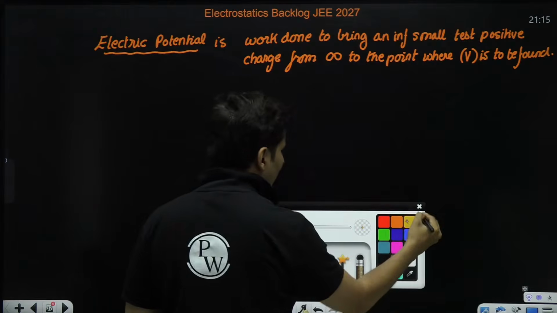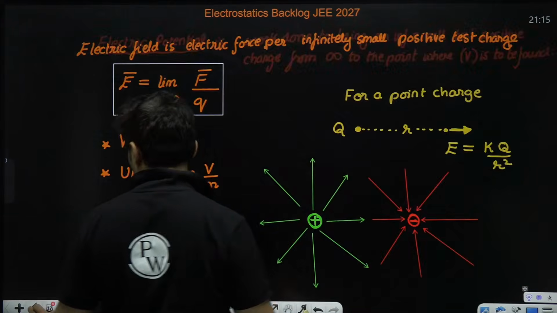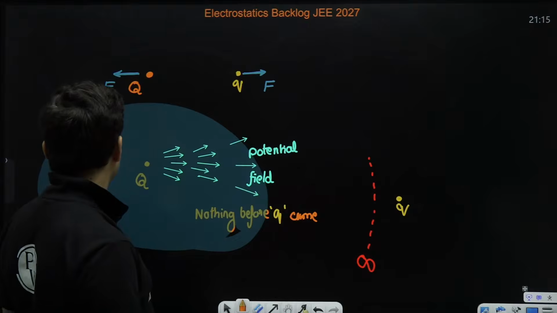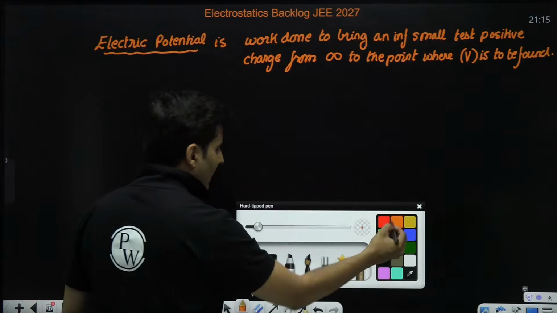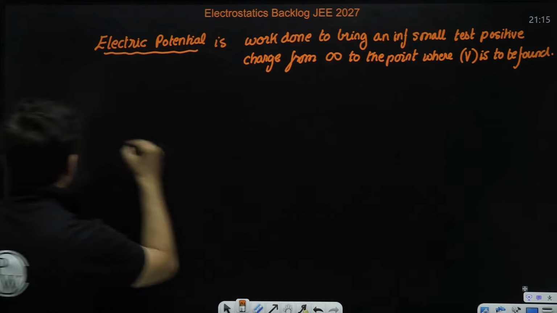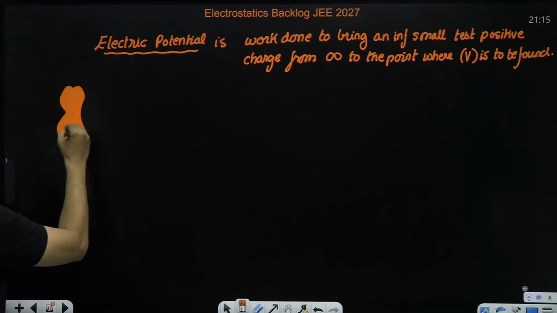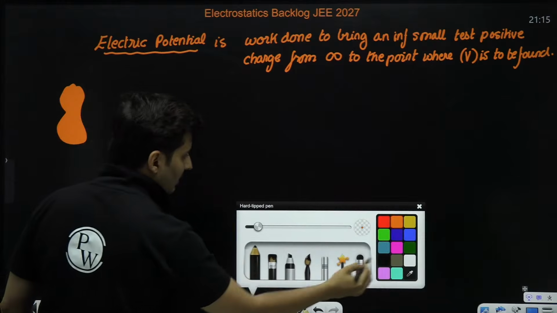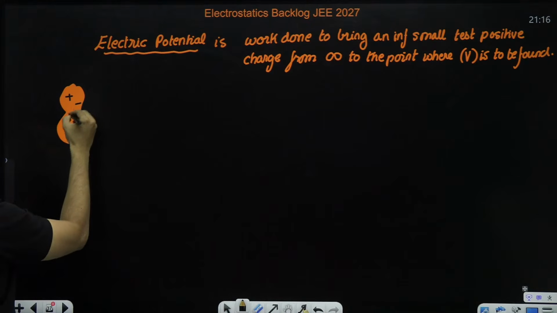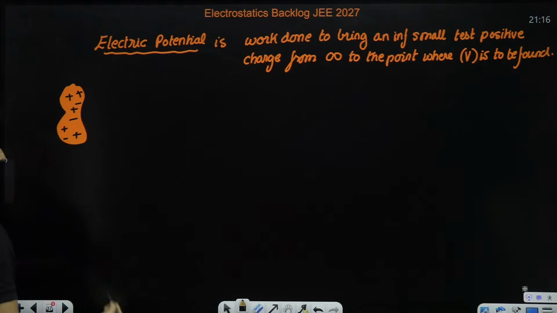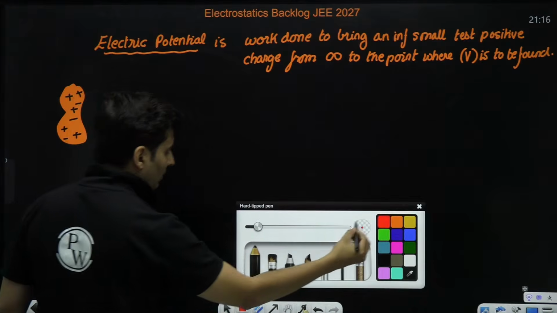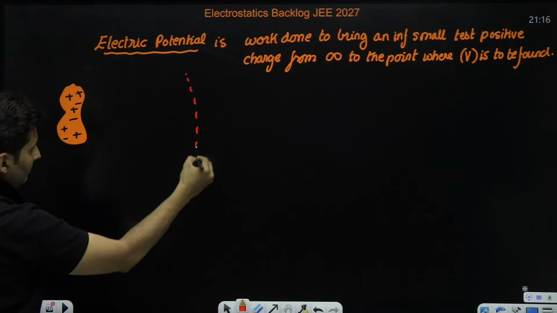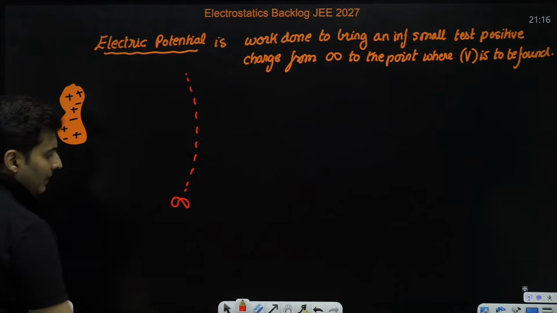So say for example, just like we did it for here, say we have some system, it doesn't matter what that system is. That system can have maybe positive, negative, positive, God knows, some charges are there. And what you do now, you draw the boundary of the universe. This is infinity.